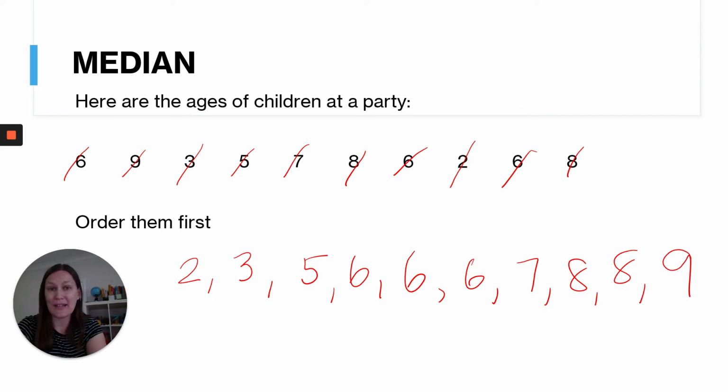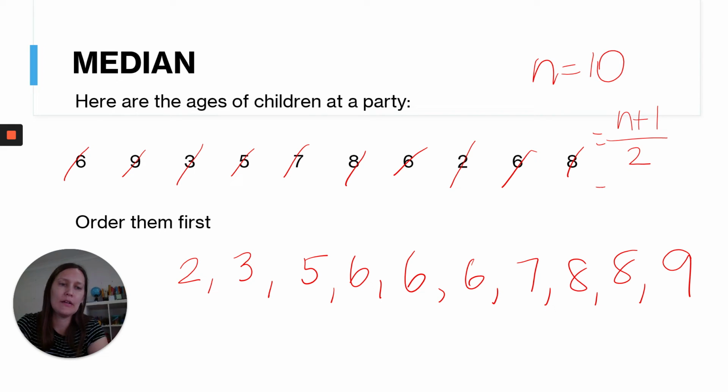Now, do you remember we had 10? Our n before was 10. So I can just check that I have 10 values here. 1, 2, 3, 4, 5, 6, 7, 8, 9, 10. Yes. Now, I can do my little formula, n plus 1 divided by 2.